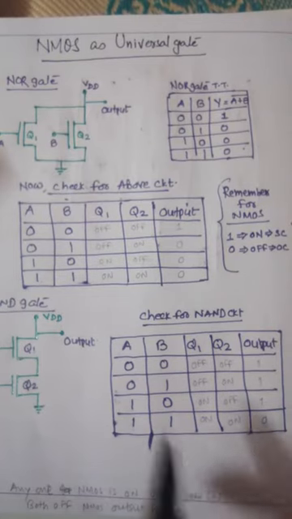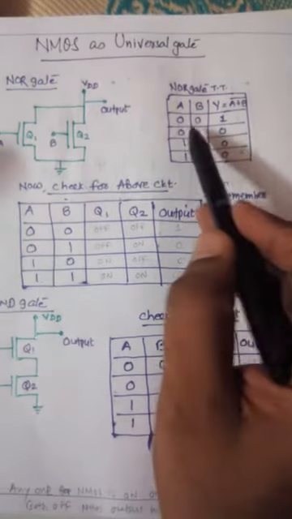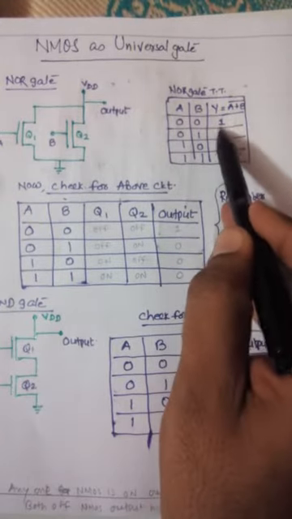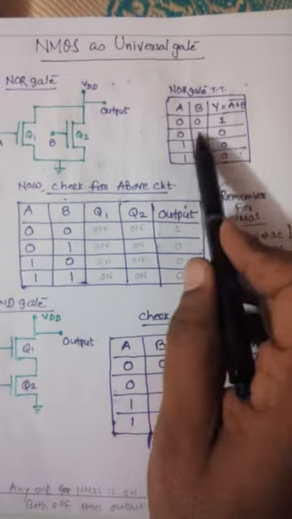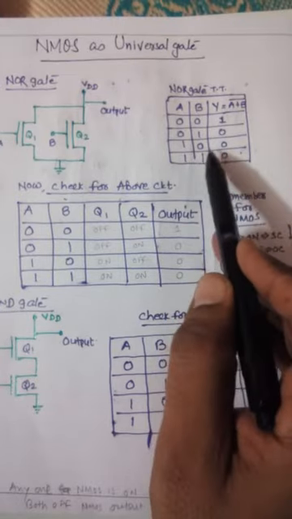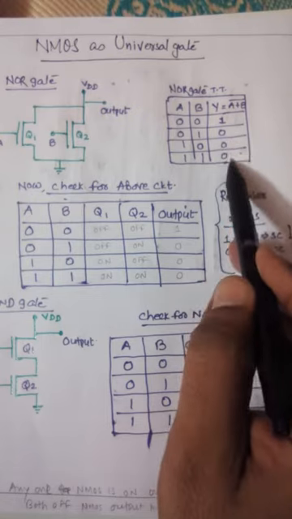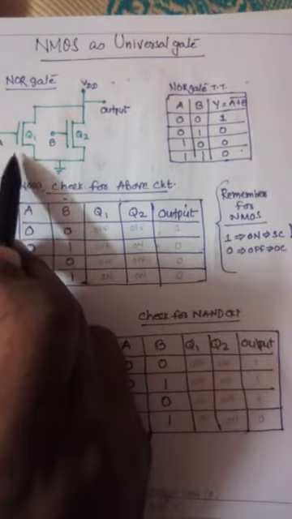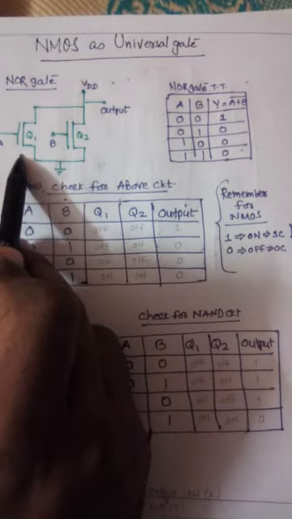For the NOR gate, the characteristic is this: when both inputs are low, the output is always high. If any one input is high, the output is always low. So this will be proved by using this NMOS gate.